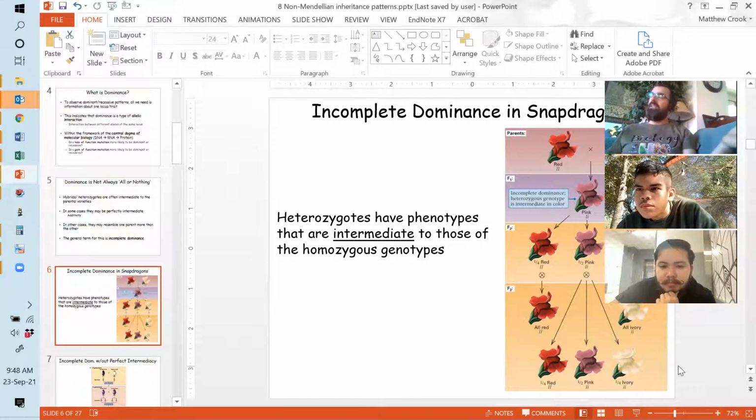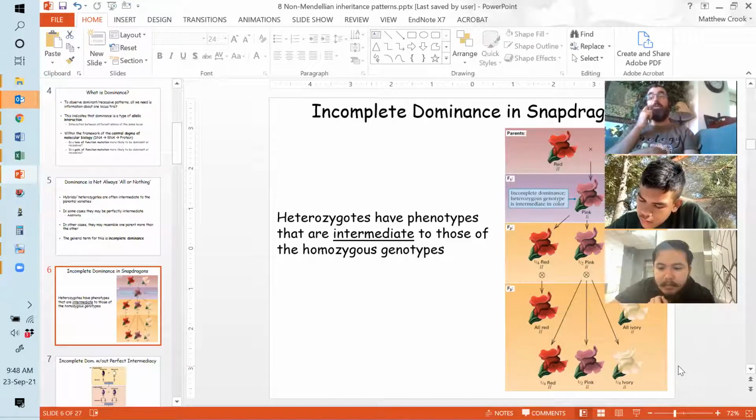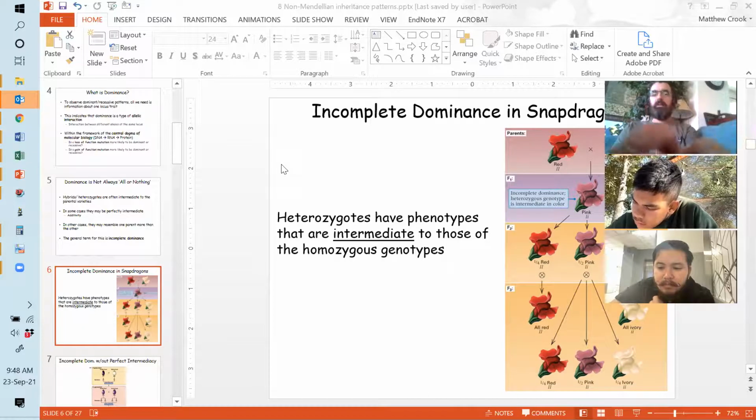So even though the recessive allele isn't doing anything, its phenotype is still partially expressed because it isn't fully masked by one dominant allele. You need two.